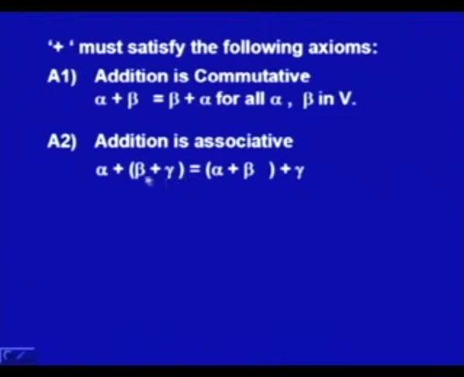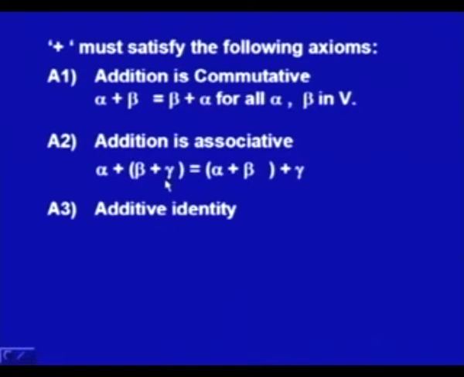That means, it does not make a difference whether we add beta plus gamma first and then add alpha to it, or we add alpha plus beta first and then add gamma. In fact, this means these brackets are meaningless, we can ignore them. So, if this property of addition is satisfied, then we say addition is associative.